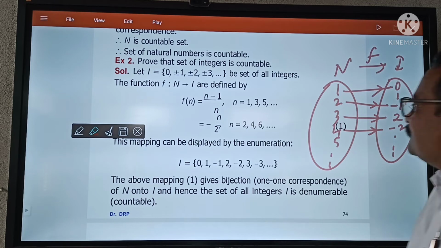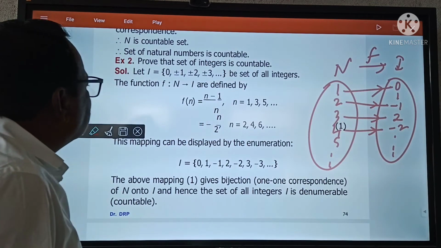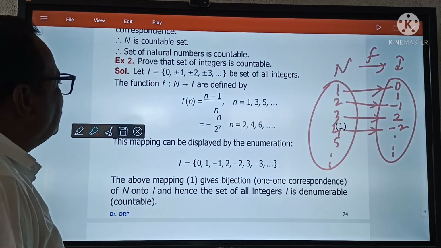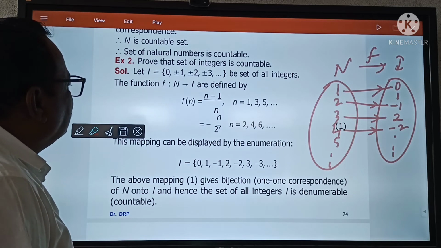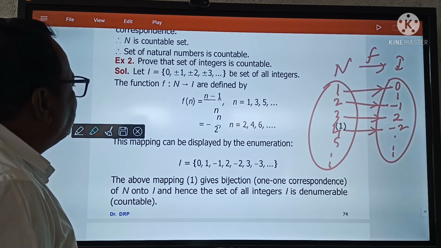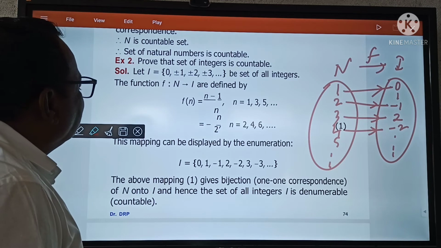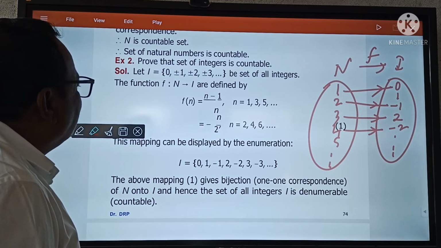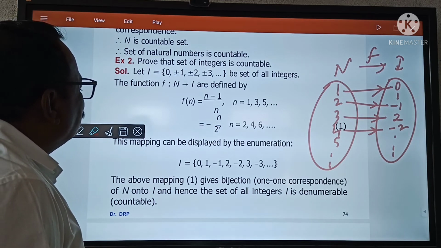So for 3 we must get this value. 3 minus 1 means 2, divided by 3, so it must be 2.